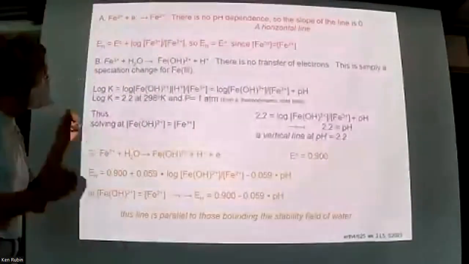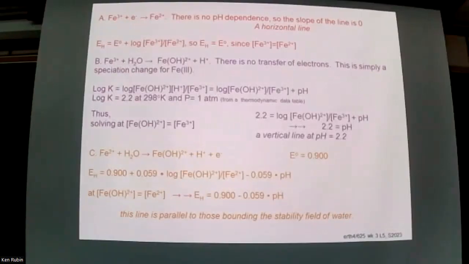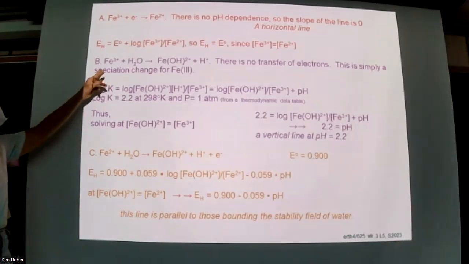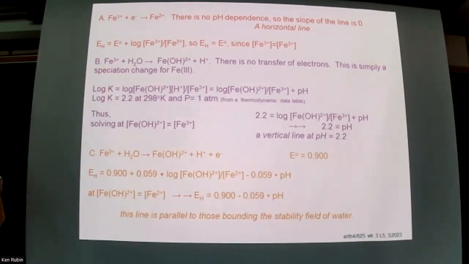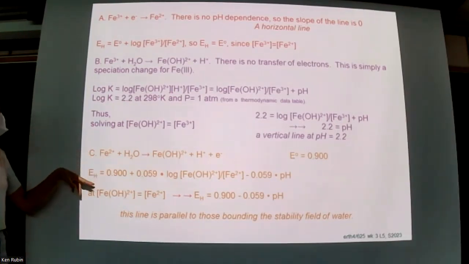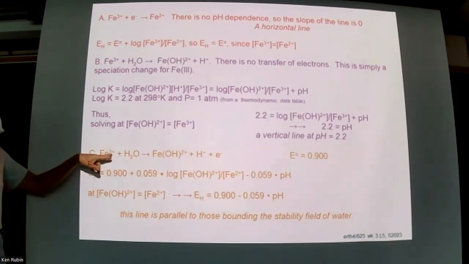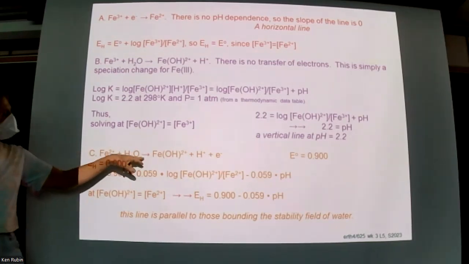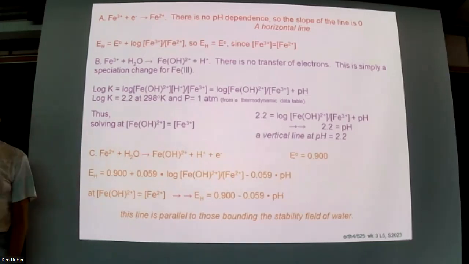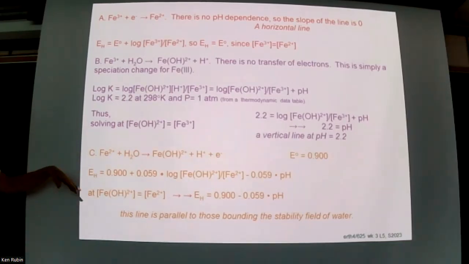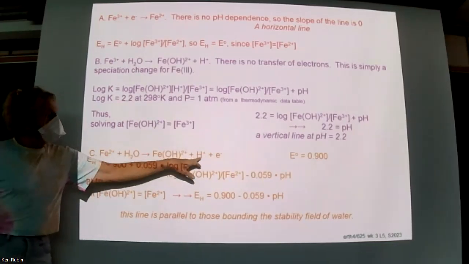Okay, so I'm not going to try to talk through each one of these things, but line A is the reduction of iron 3. Line B is the reduction of iron 3 to FeOH2+, it's a compound ion. And line C is the taking of Fe2+ plus water to make FeOH2. And this reaction involves electrons and hydrogen ions.